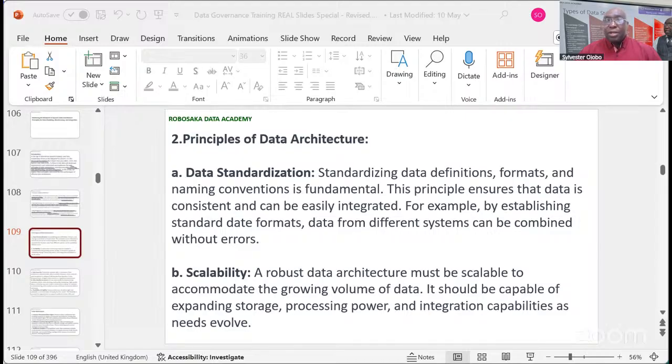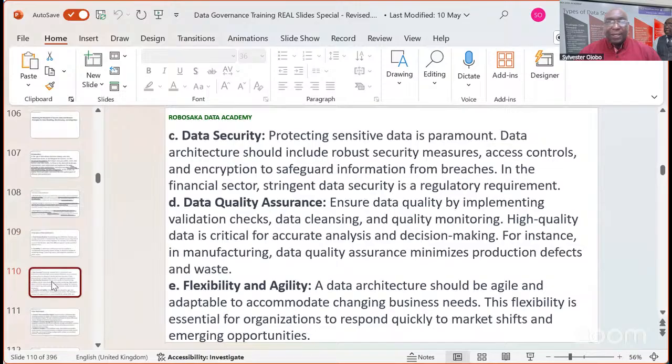So is that understood, everyone? Okay. Can we talk about data security? If we talk about data security, what comes to your mind?